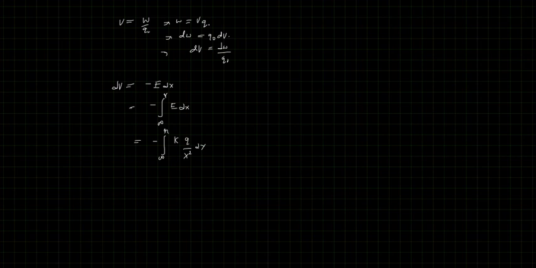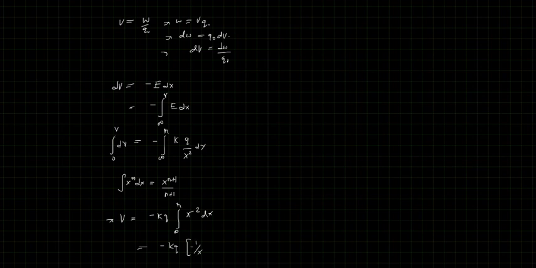Now you know the formula: integration of x to the power n dx is x to the power n plus 1 by n plus 1. In this case, the total potential will go from 0 to V. So V is equal to minus k q integral from infinity to r of x to the power minus 2 dx, which gives minus q times minus 1 by x.